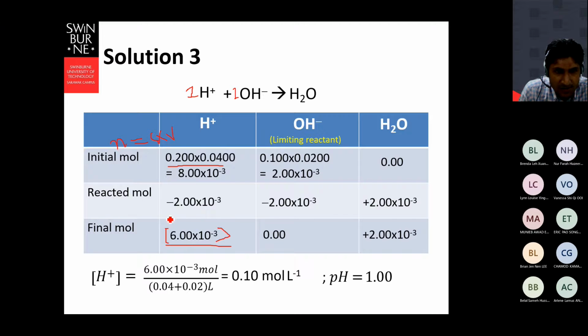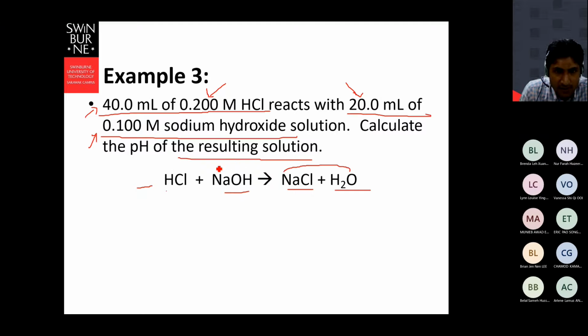And the solution is made of sodium chloride and water. Water is already neutral, we know. Sodium chloride is also neutral because it's a salt, not acid or base, and it's a neutral salt because it is coming from a strong acid and a strong base. Now let's say this is in a beaker.